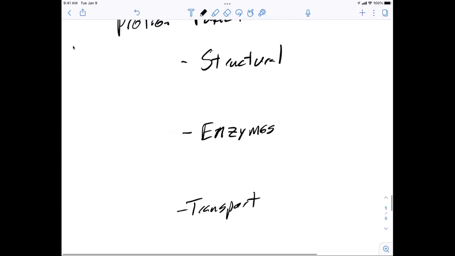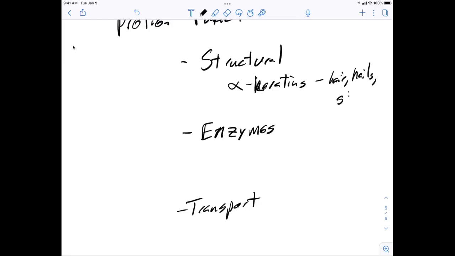With structural proteins, these are things like the alpha keratin that makes up hair, nails, skin. So proteins can be most of our structural components. You do have some other things, but I forgot it. It was in the last chapter. We didn't cover it.